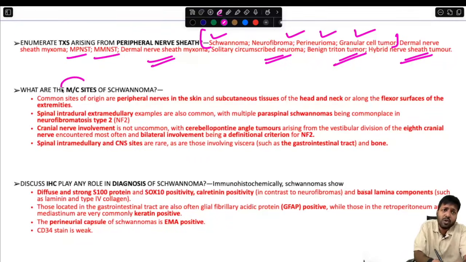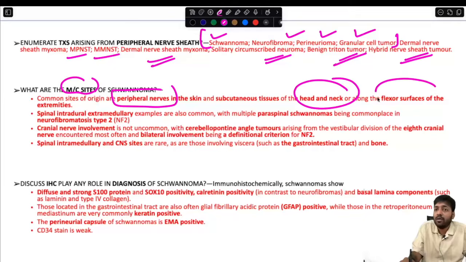Now, what are the most common sites of schwannoma? Very importantly, the common sites of origin are the peripheral nerves, in the skin and subcutaneous tissue of the head and neck region, and along the flexor surface of the extremities. Spinal, intradural, extramedullary schwannomas are also common, with multiple paraspinal schwannomas being commonplace in neurofibromatosis type 2.